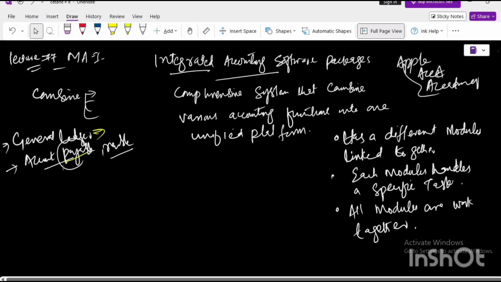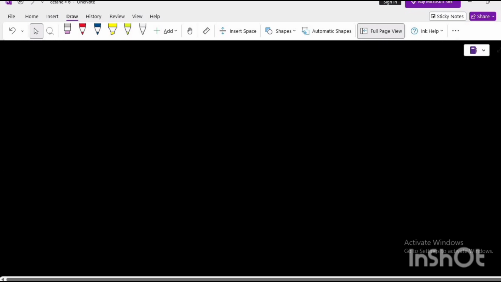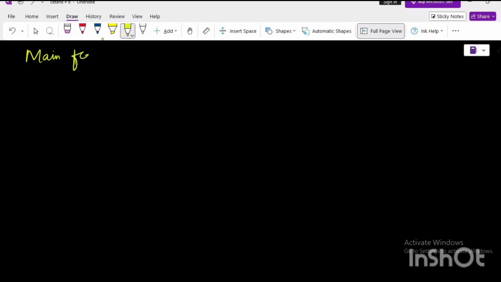The main features, okay, let me scroll it down. The main features of accounting software. The first one is enforces accounting rules.